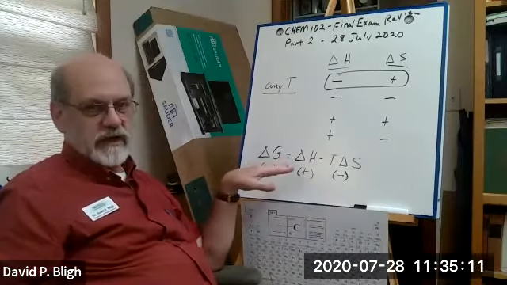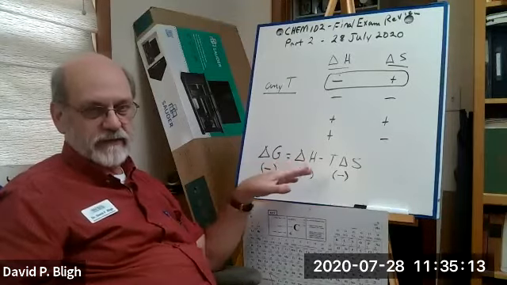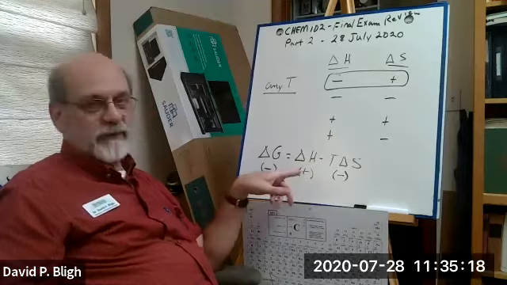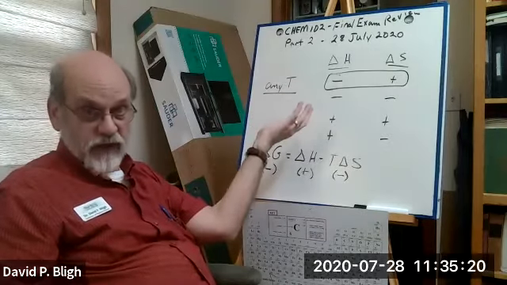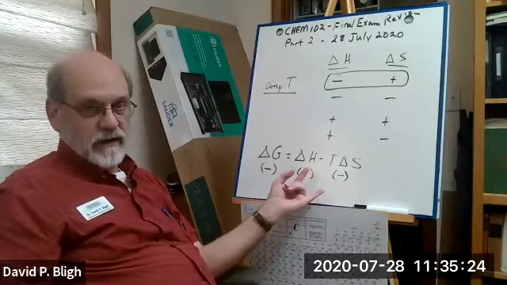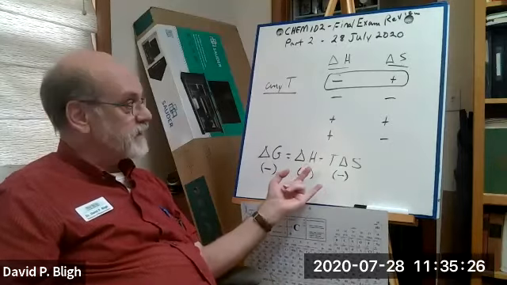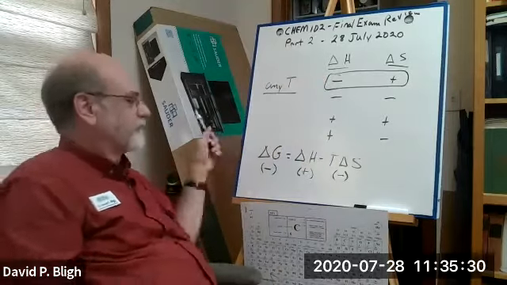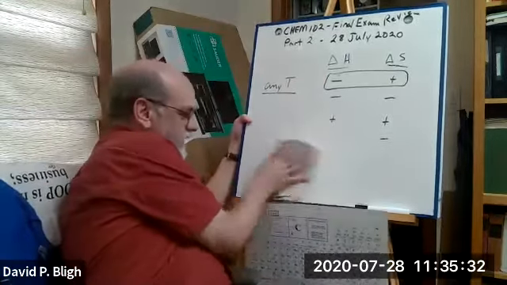All temperature regimes are non-spontaneous. But if we flip the reaction around, go the other direction, that reverses these. And now all temperatures give us spontaneity. Okay? That's all I have to say about that.